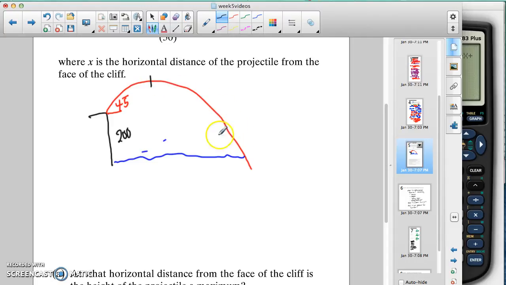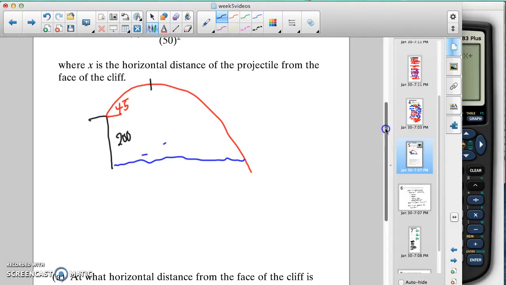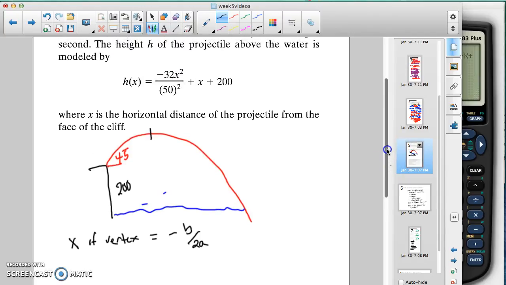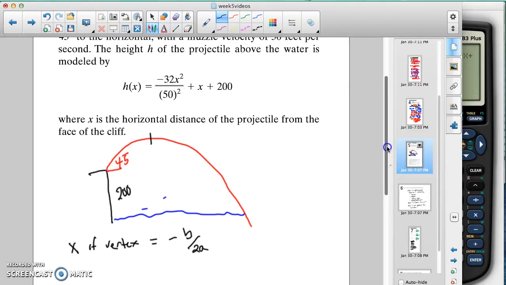All right, so as before, we're going to use the formula for the vertex. So our x of our vertex is the formula minus b over 2a. So we're going to use that to figure out the x value of the vertex. That won't tell us the height, but that'll tell us the x value where that height is the maximum.